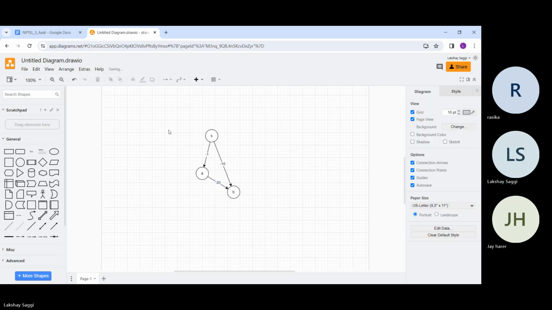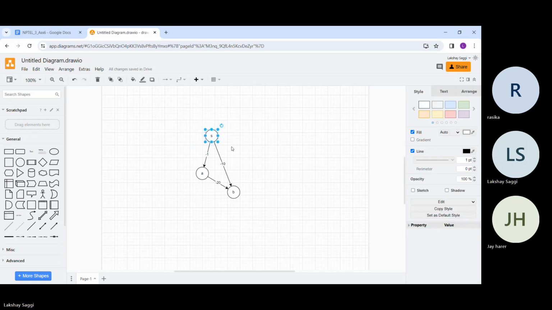So in this case, actually, Dijkstra fails. And why is this the case? So let's say we start from the source S. When we start from the source S, we'll need to look at the nearest neighbor. So out of A and B, B is nearer to S, as B is at a distance of -10.